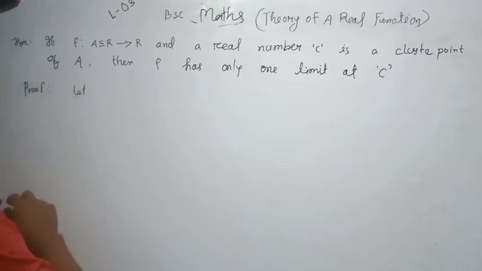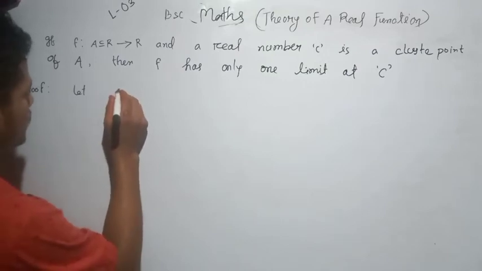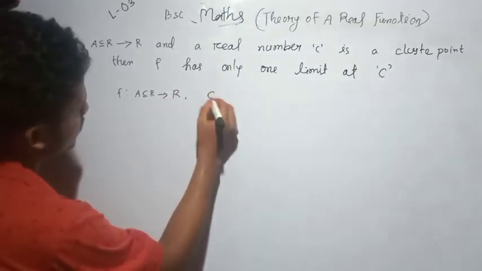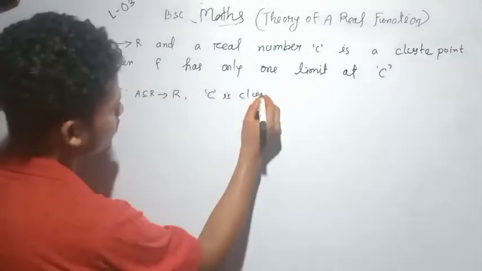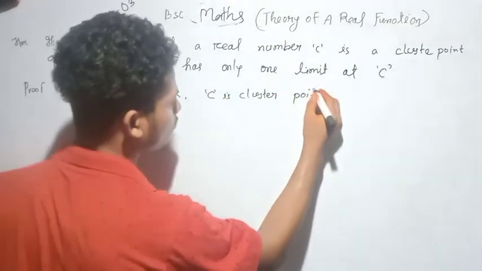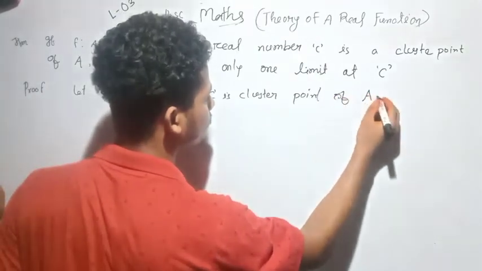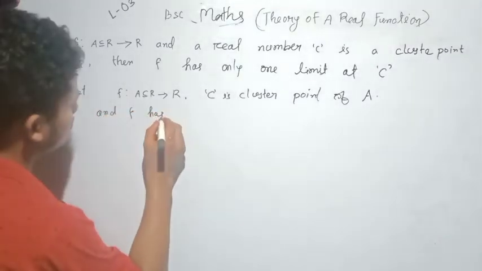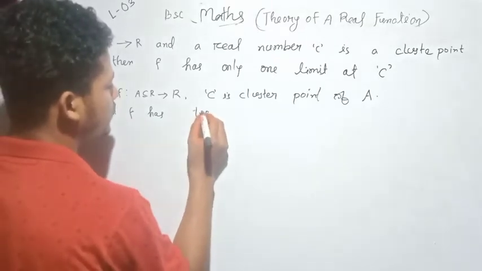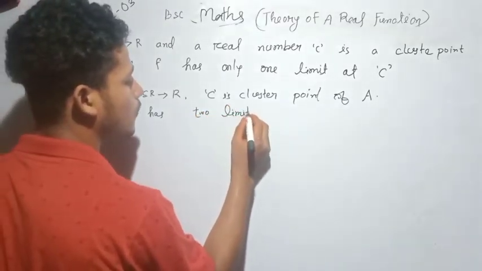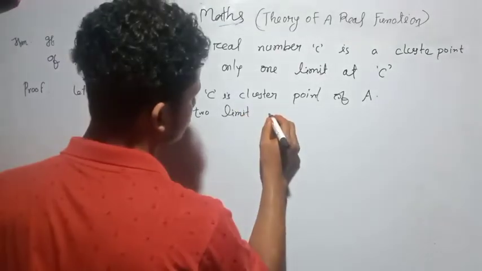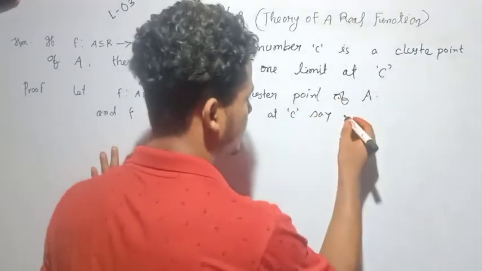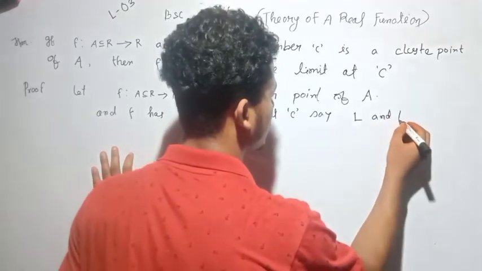Let f be a function from A, a subset of R, to R, and C is a cluster point of A, and suppose f has two limits at C, say L and L dash.